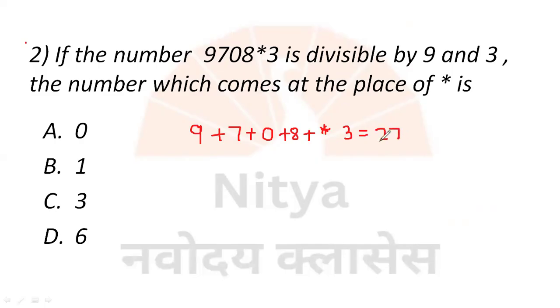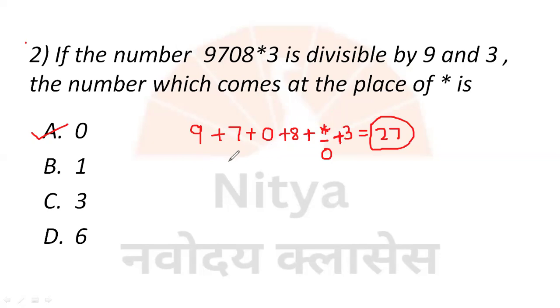See here, 27 is already divisible by 9 and 3. So what must be added here so that the number is divisible by 9 and 3? Option A, because 27 is already divisible by 9 and 3.